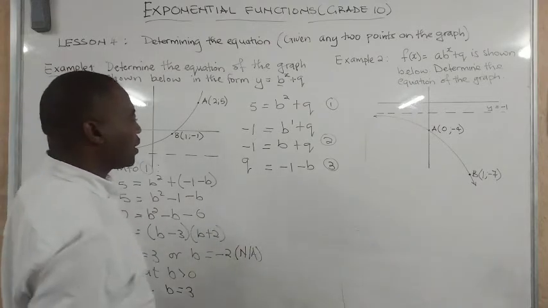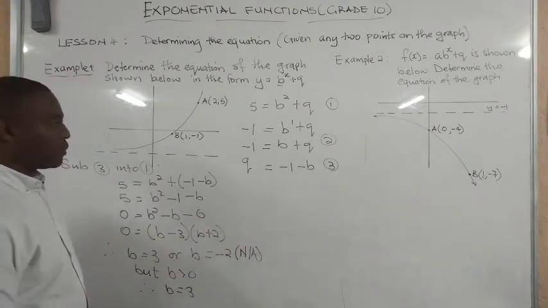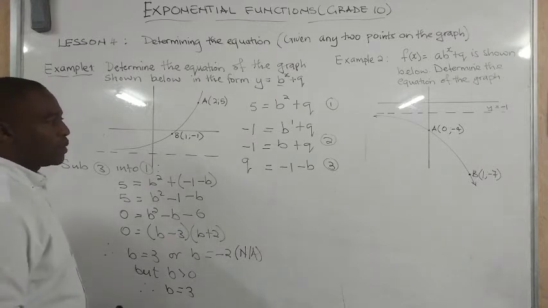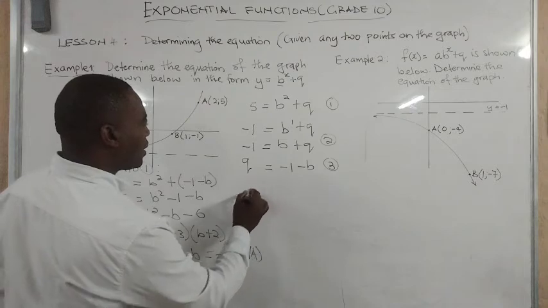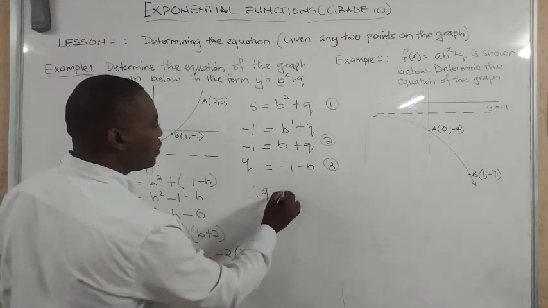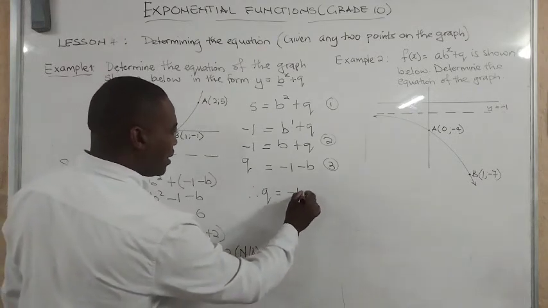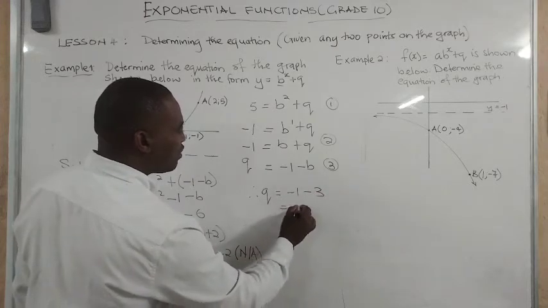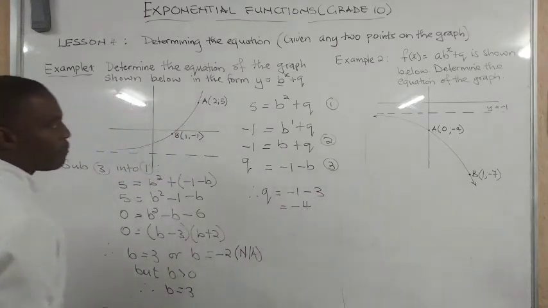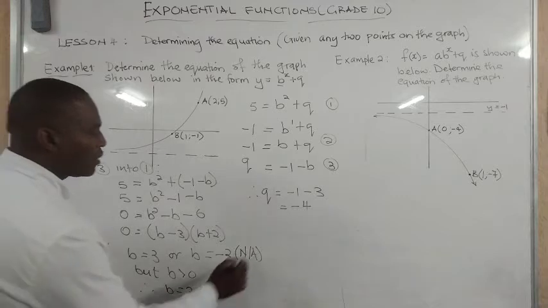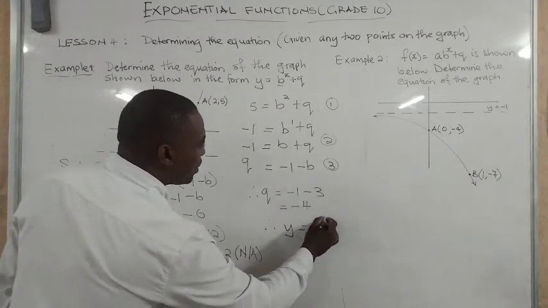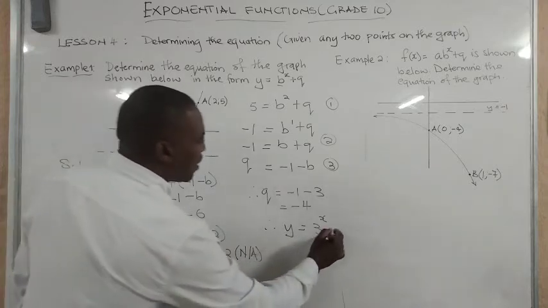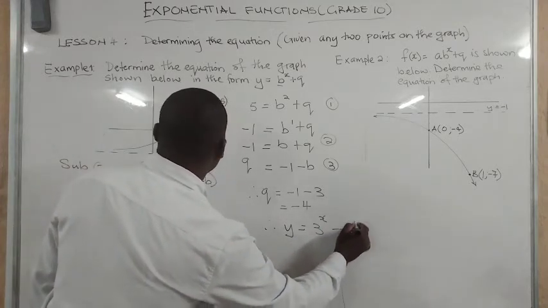So now to find q, we just have to come to equation number 3, substitute b with 3, and then we find q. So we are saying, therefore, q will be equal to minus 1 minus 3, which will give us negative 4. So we are saying, therefore, y is equal to 3 to the power x minus 4.